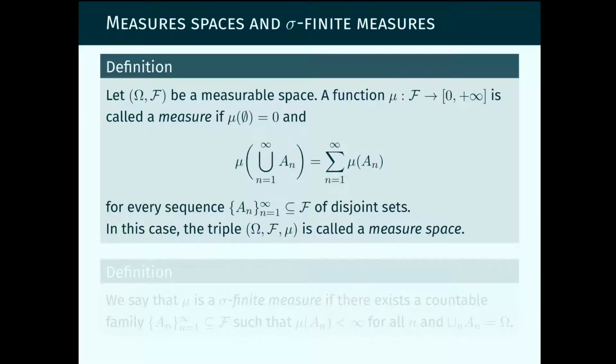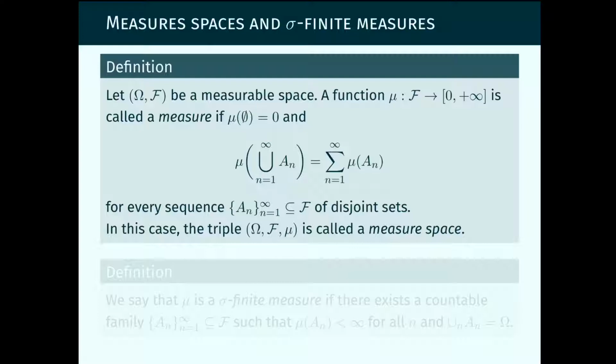So here is the definition of a measure. First, we need to start with a measurable space. A measurable space is a definition that we saw at the very beginning of the video lecture Sigma Algebras and Algebras. So that's a sample space and a class of subsets of the sample space which forms a sigma algebra.